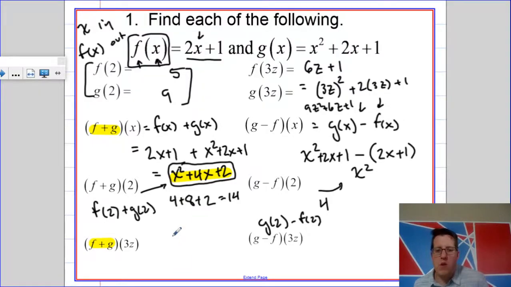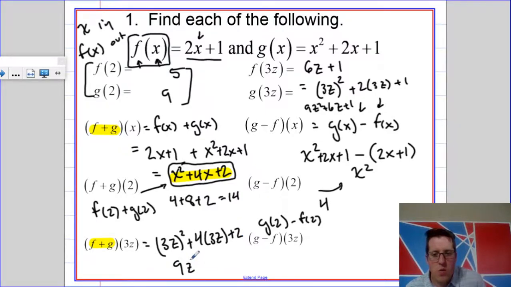So I'm going to use 3z as my input for that. So 3z squared plus 4 times 3z plus 2, that's 9z squared plus 12z plus 2.